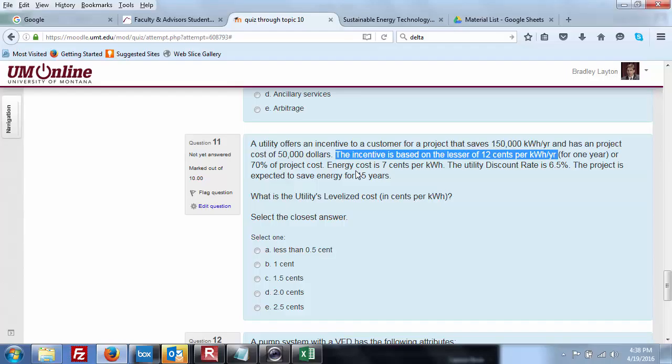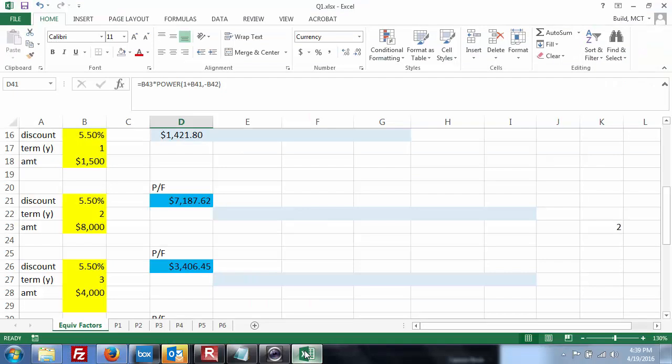That's what it seems like to me. Okay, or 70% of the project cost. Energy cost is 7 cents per kilowatt hour. Utility discount rate is 6.5%. What's the utility's levelized cost in cents per kilowatt hour?